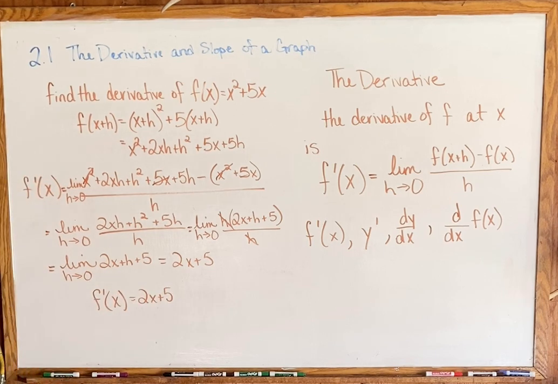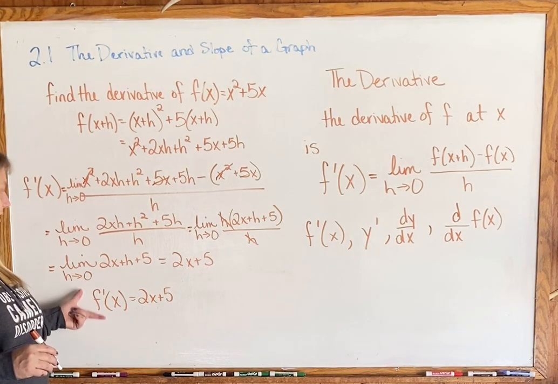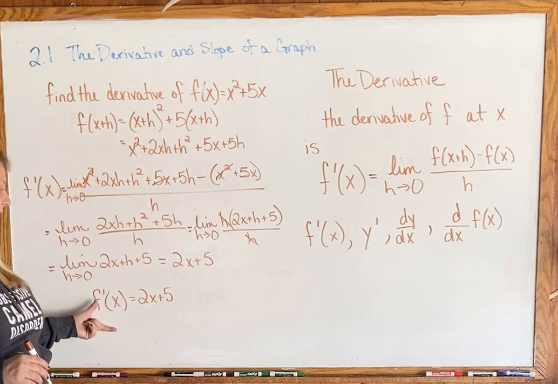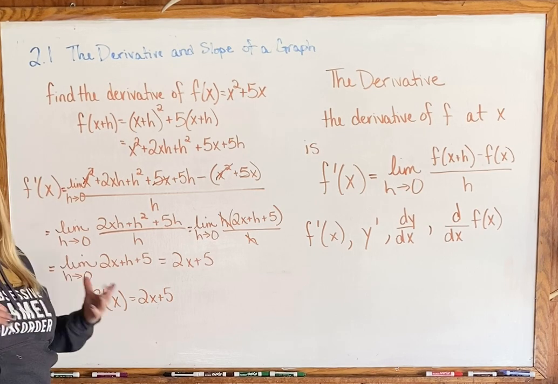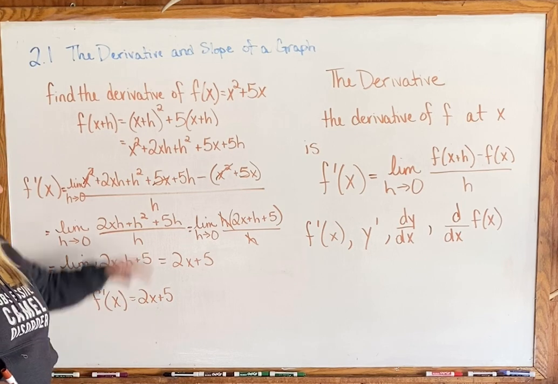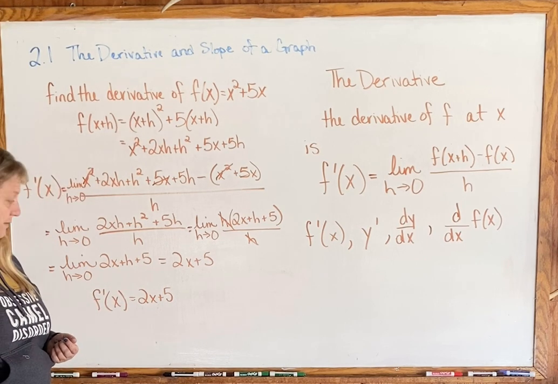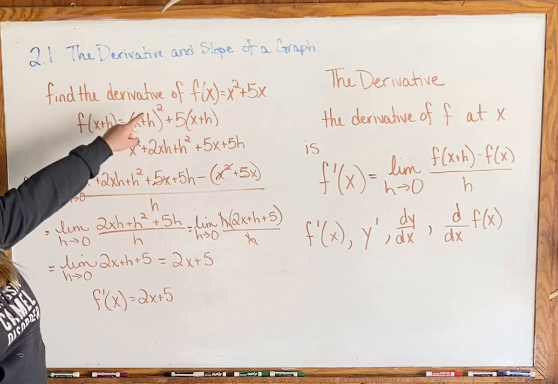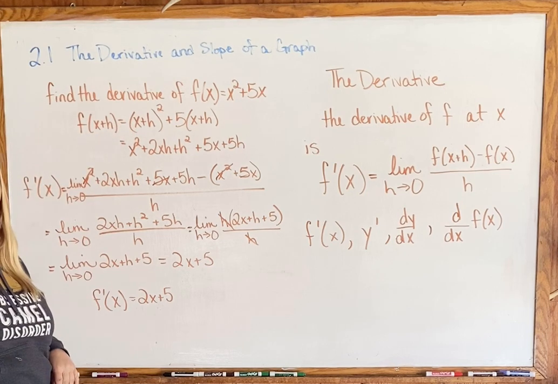Now remember, this is just a derivative formula, okay? The derivative is just another formula. So we've taken the original function and we found the function of its slope. Okay, so this is the slope function for that original function. And we note that they're related. That guy's f of x and this guy's f prime of x.